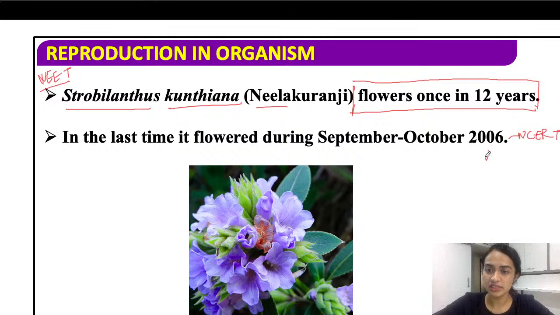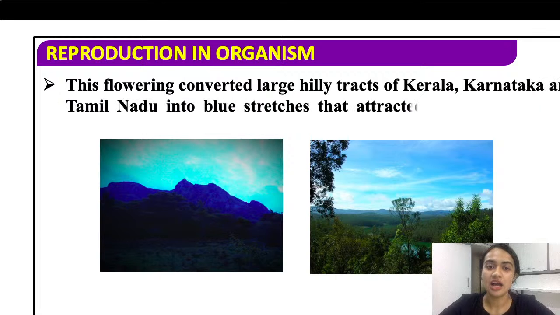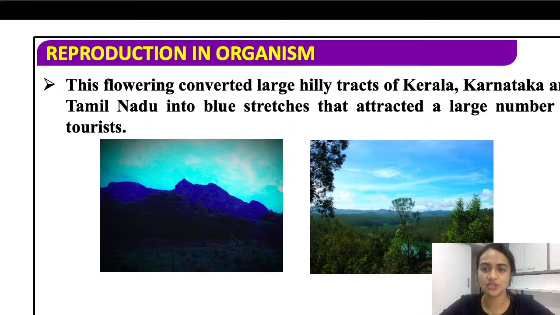But it flowered again in 2018, and that is why Munnar and some regions of Tamil Nadu were among the top tourist places in 2018. These areas are covered in the valleys with Neelakurinji, which makes it very appealing. It converted large hilly tracts of Kerala, Karnataka, and Tamil Nadu into blue stretches that attracted a large number of tourists.